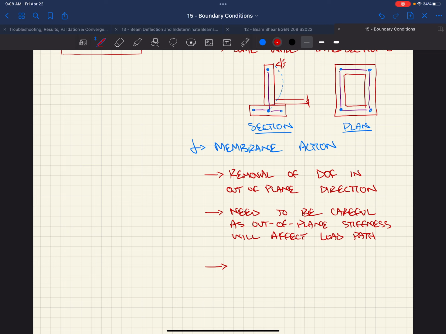If we have a diaphragm sitting on it, and this was one plate element, this was another plate element, that plate element's going to be doing this. If it's truly membrane behavior, then it's not going to care that it's moving and rotating in plane. But if it's a thick thin triangle, then it does have stiffness in that out of plane direction, and you start bending it, and it's going to start contributing to the overall stiffness.